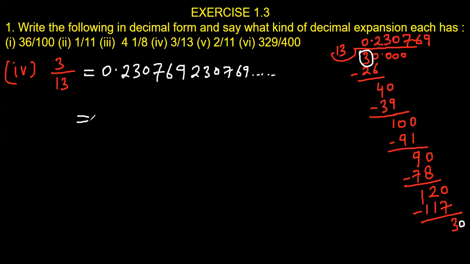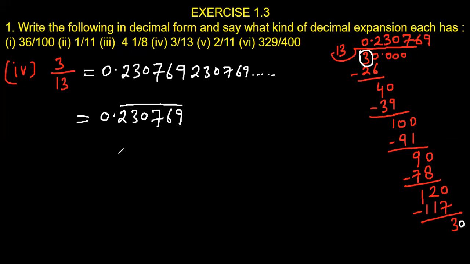So in short, we can write 0.2307669, and we place a bar over it. A bar over these 6 digits means these 6 digits are repeating over and over and over.